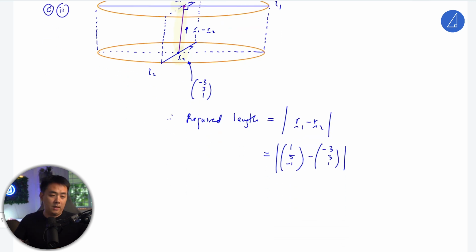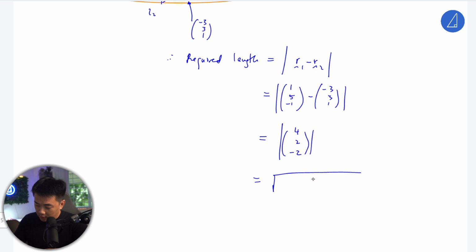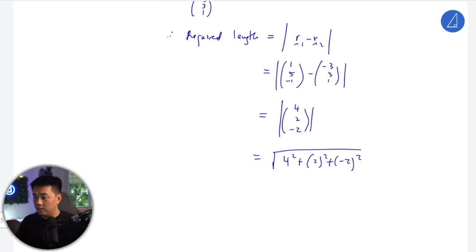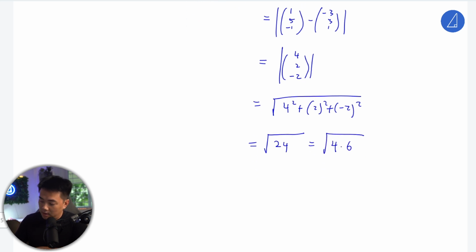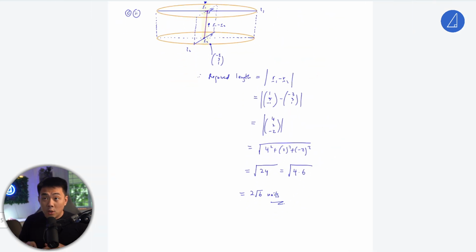To find the modulus, it will be 4 squared plus 2 squared plus minus 2 squared. Key in the calculator: 4 squared is 16, plus 4, plus 4, so it's 24. Square root of that is 2 root 6 units. So that's how we do this question proficiently. If you have any questions at all, please do let us know, and I'll see you in the next question.